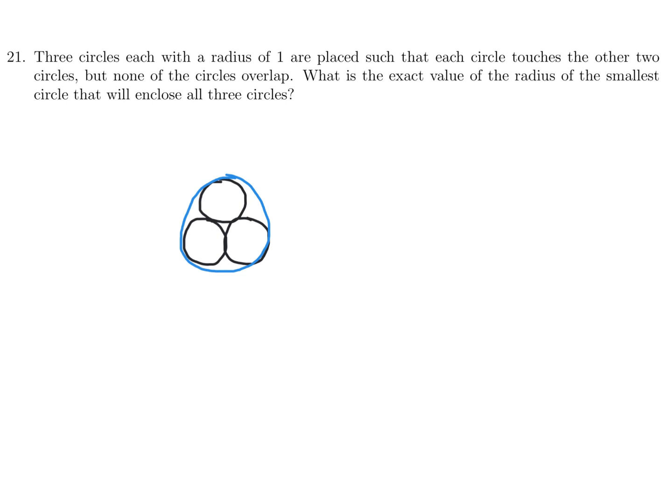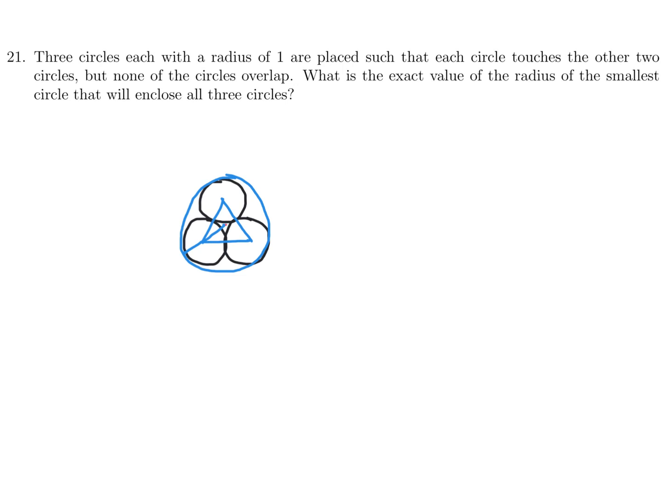I'm going to draw centers, and then I'm going to connect them. And what are we trying to figure out here? Let's draw the center of the big circle, and that's going to connect. So we're really looking at that line.